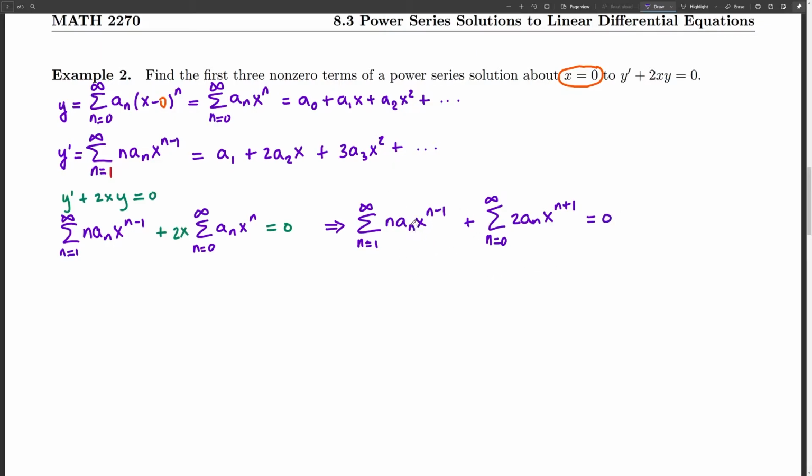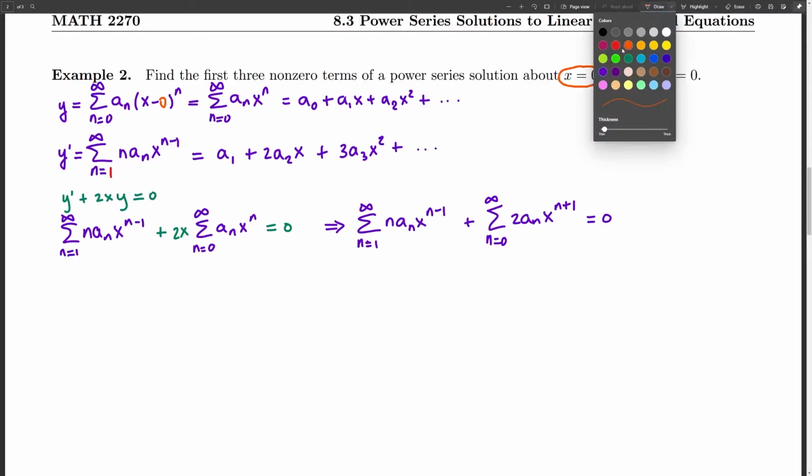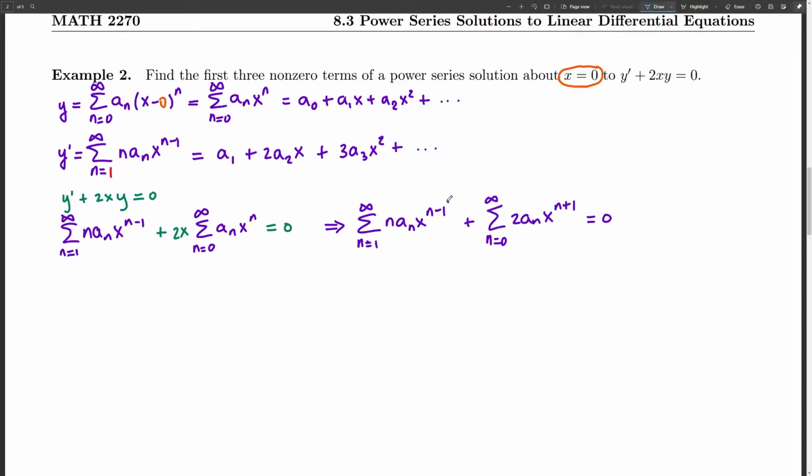Now, in order to figure out what our coefficients are, so what is a naught, what is a1, etc., we would like to combine these two power series. But what we should note here is that the power series do not agree. So here we have n minus 1, and here we have n plus 1. So the powers do not agree.